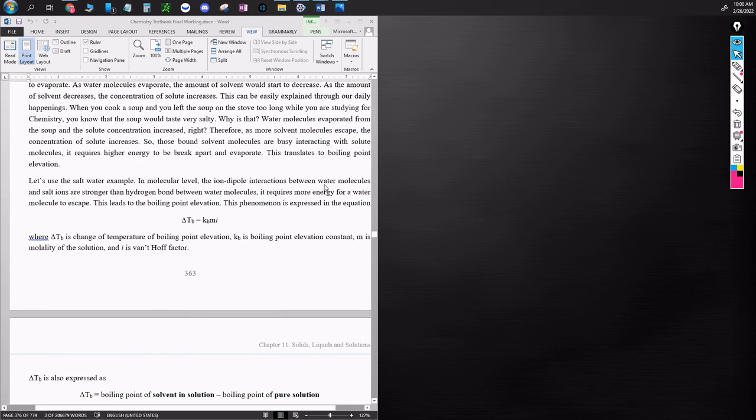So let's briefly look at this here. This is the change of temperature of a boiling point. Delta in chemistry means change. So delta T, the change of temperature of boiling, is equal to K, a constant value for whatever solution you want to be measuring, times m, which is molality, not molarity.